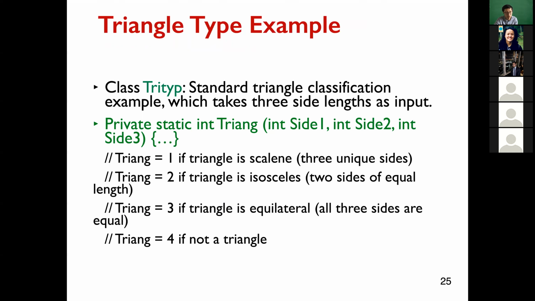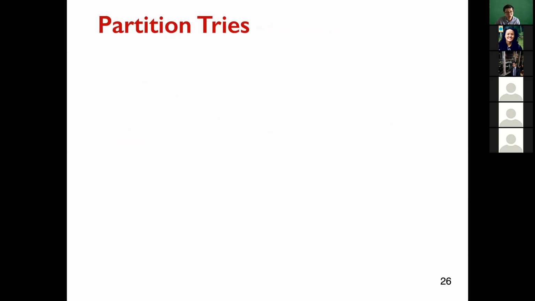The three sides are different, having different lengths. The second type is isosceles, with two sides of equal length. Two sides are equal, but the third side is not equal. The third type is equilateral. All three sides are equal, right? And the other type is not a triangle at all. Using two different approaches, how can we do the partition, right?